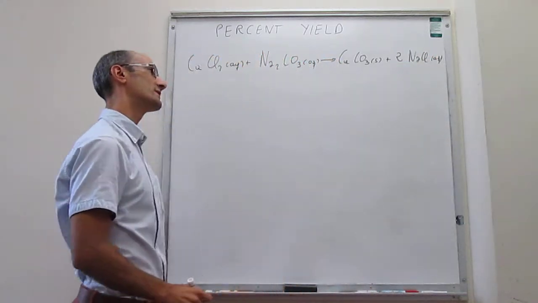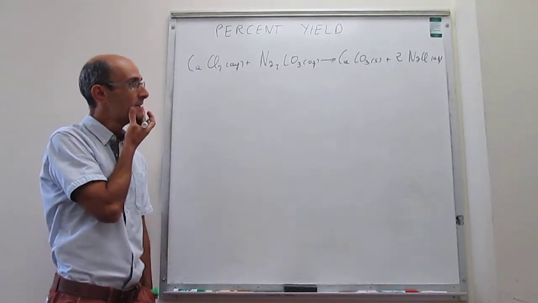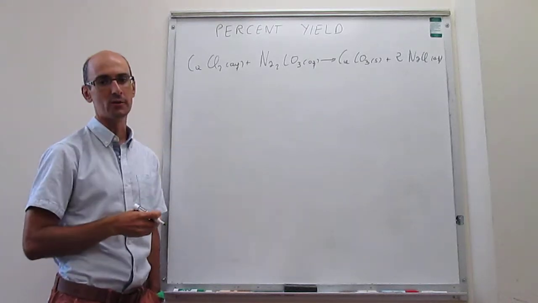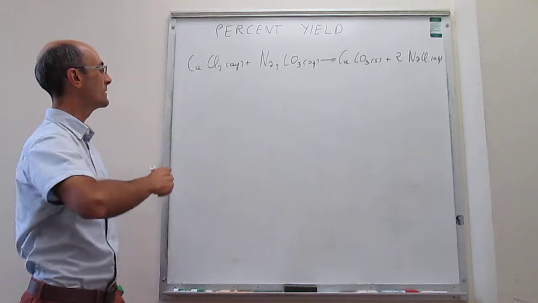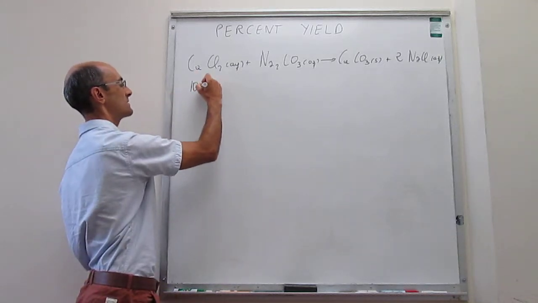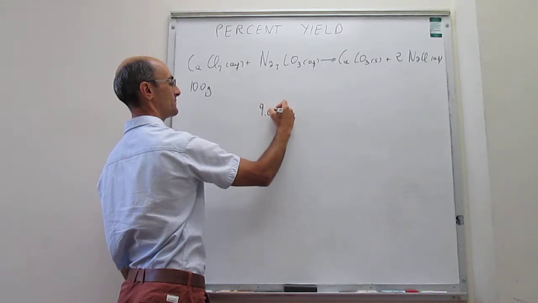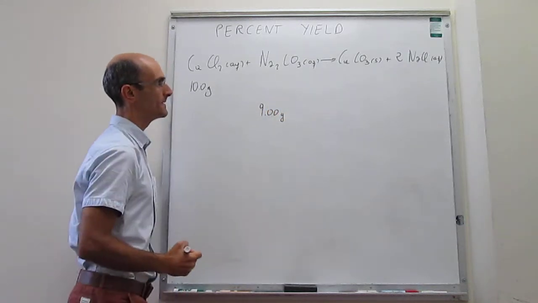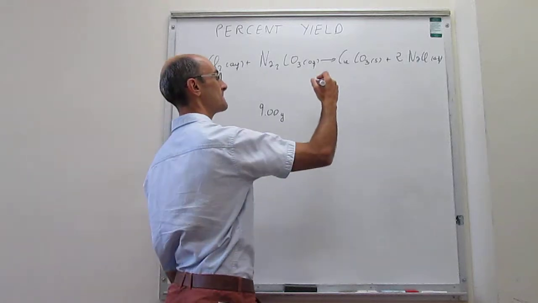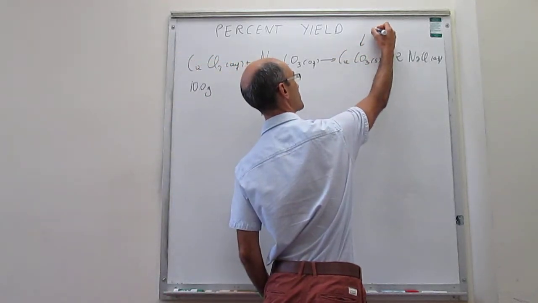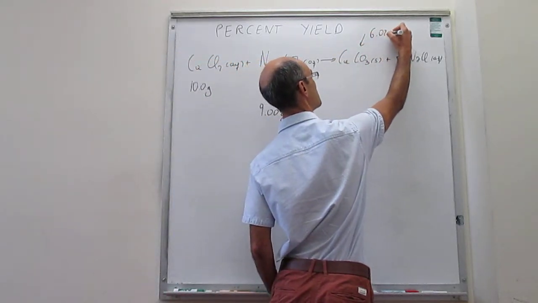To balance the reaction, we need a stoichiometric coefficient of 2 on the product sodium chloride. All right, so we start the reaction with 10 grams of this species, and then 9 grams of this species. And what we actually get in this product, which is the one that we're interested in, is 6.02 grams.